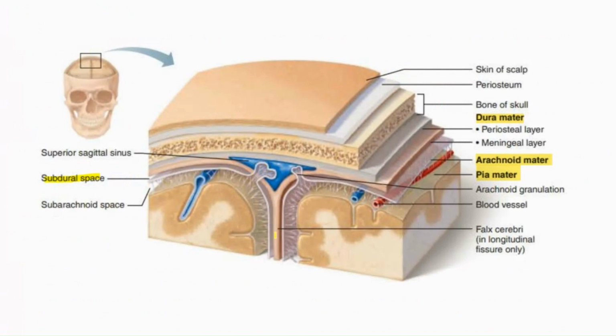It has some spider web-like extensions within this space. This space below the arachnoid mater is called the subarachnoid space. These spider web-like extensions allow the arachnoid mater to adhere to the pia mater, which is just adherent to the brain.